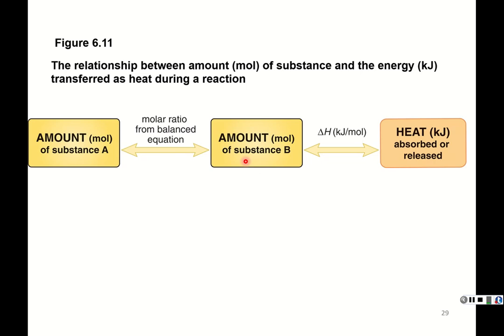Taking it a step further now in chapter 6, we can use the delta H of that reaction, which is typically in kilojoules per mole, and convert the amount of, let's say substance B is a product, the amount of that formed. We can multiply that by our enthalpy of the reaction and get the amount of heat that's being released or absorbed by this particular reaction.